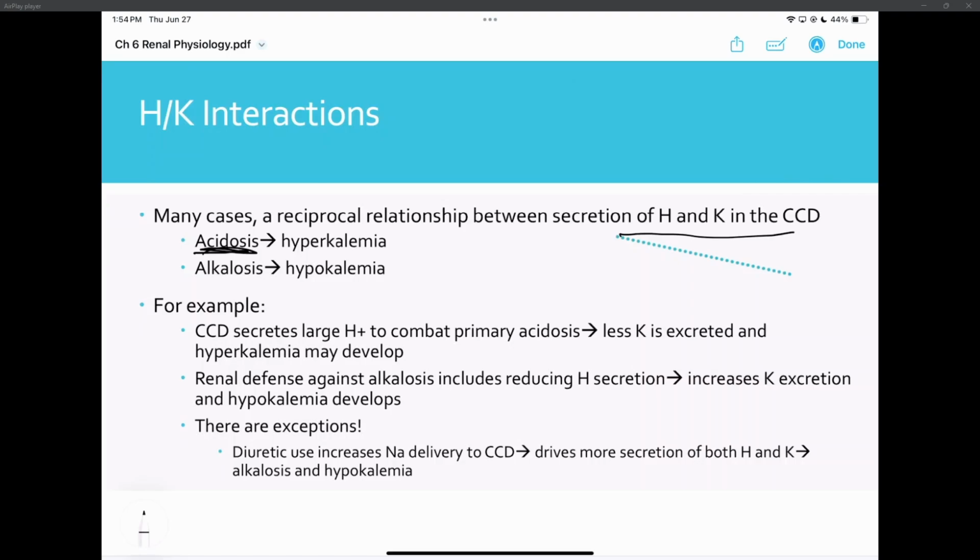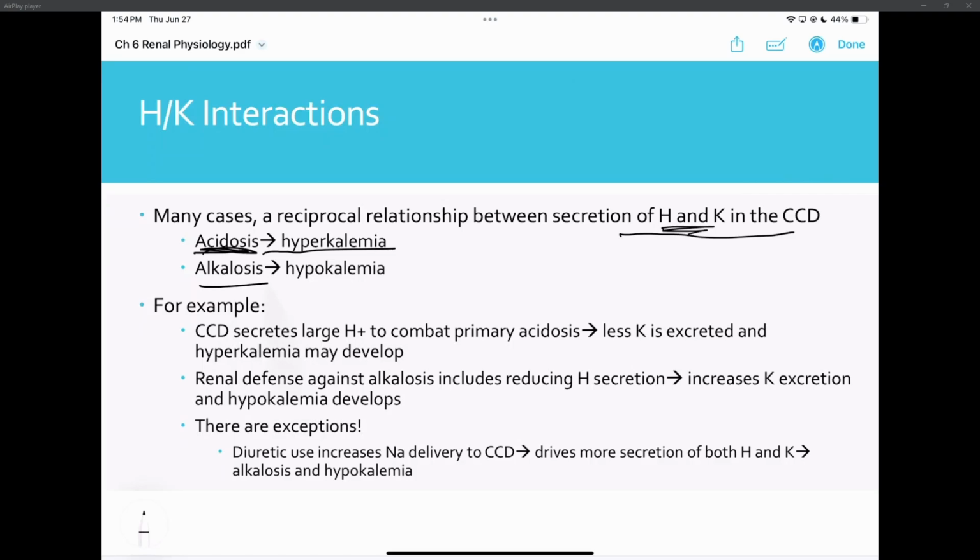Where do we want them to go? Into the urine. So when we do that, we have an exchanger here. One goes up, the other one goes down. So if hydrogens are getting dumped into the urine, where is the potassium going to stay? In the blood. And that's why with acidosis, you have hyperkalemia.